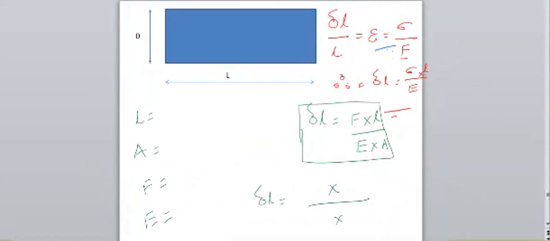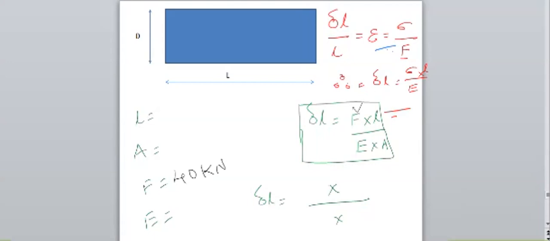Therefore we can use the formula: delta L is equal to F into L by E into A. The F value is known, given as 40 kilonewton.